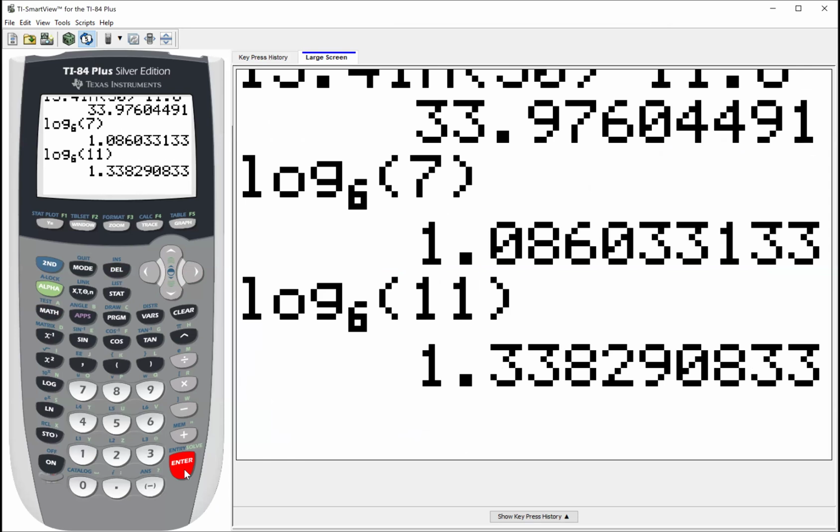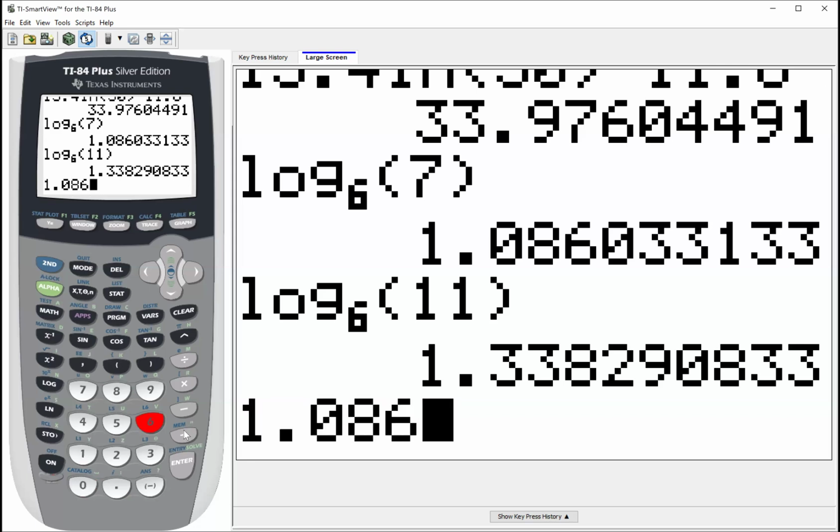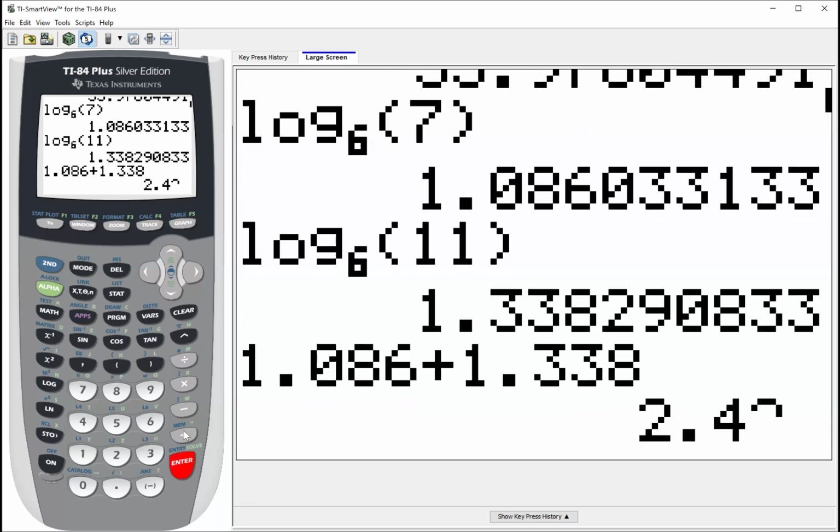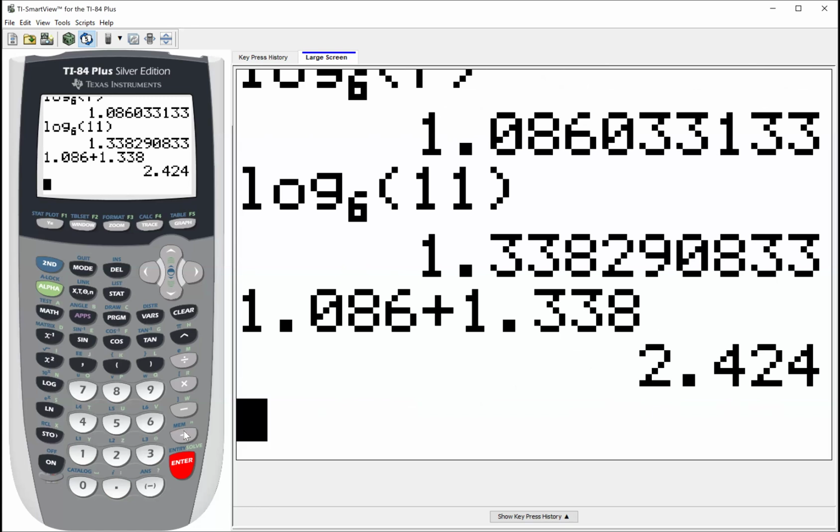So if we add those two, if I take 1.086 plus 1.338, I get about 2.424. Now remember what we're saying this is equivalent to.